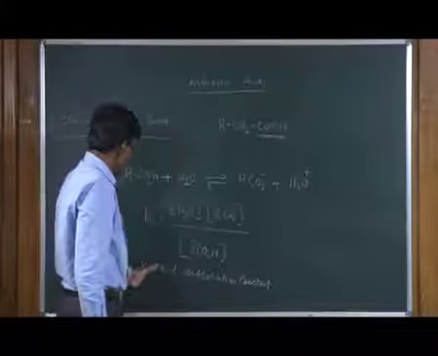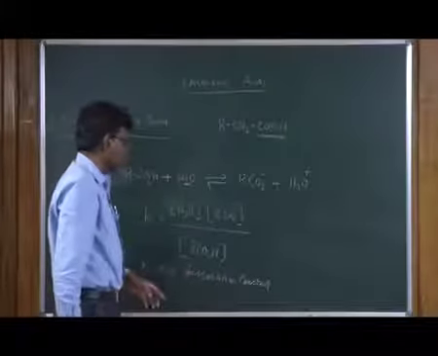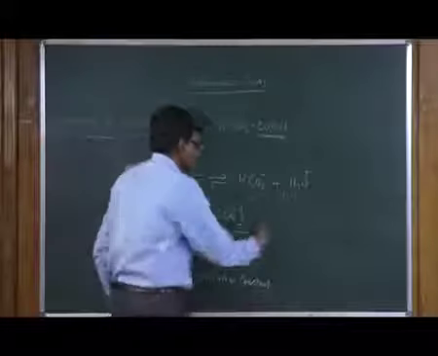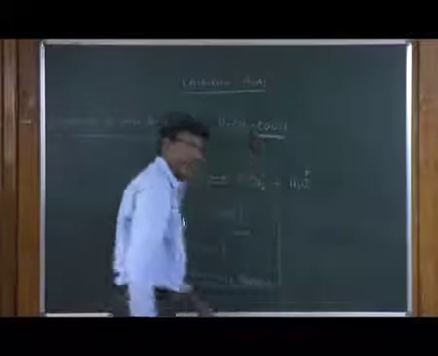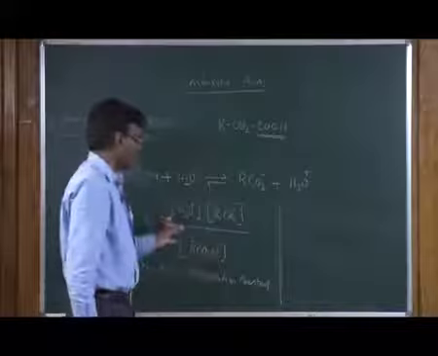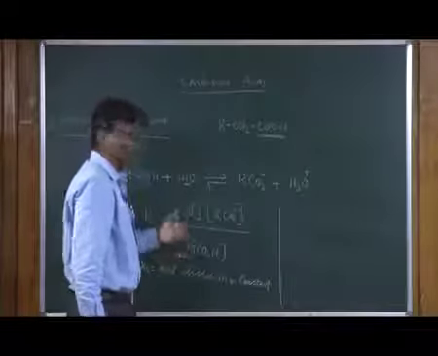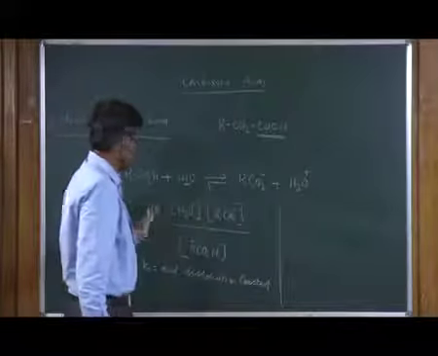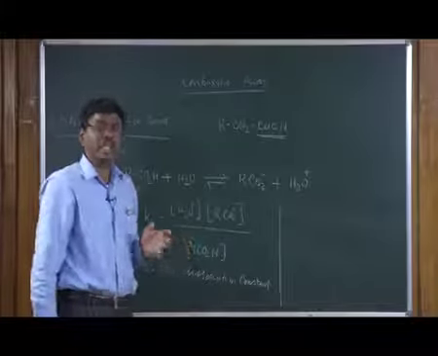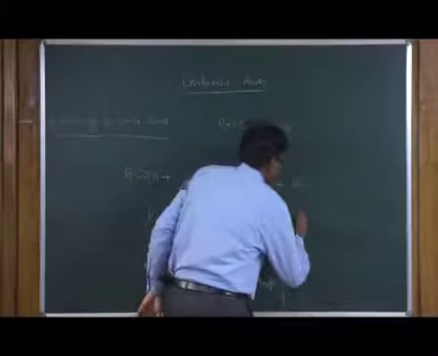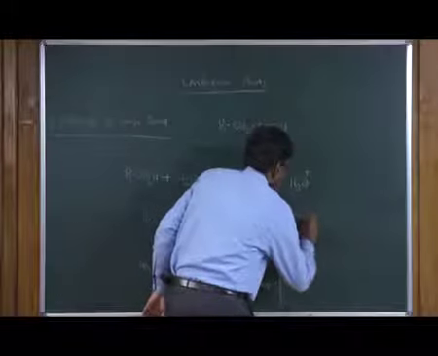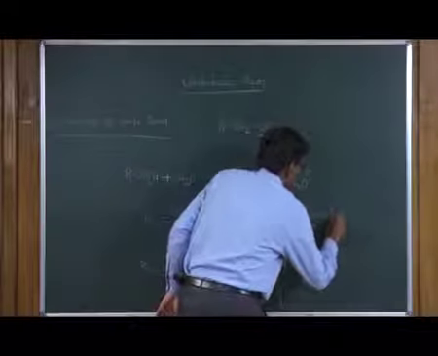This is called the acid dissociation constant, and if the acid is stronger, then we have a higher value. For our convenience, we always express the strength of the acid as pKa equal to minus log Ka.